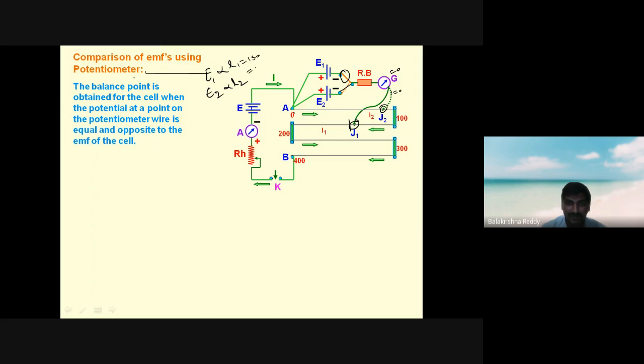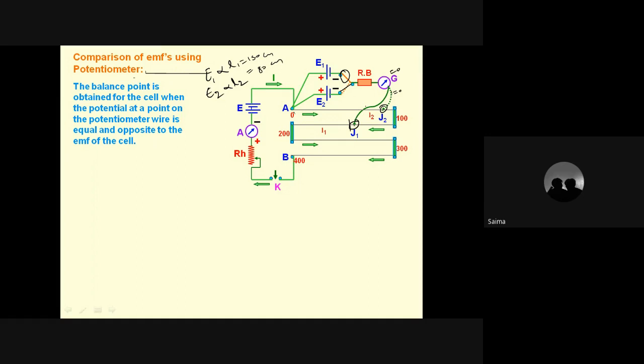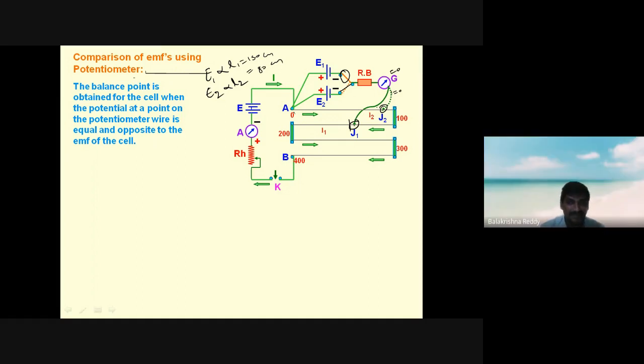Just a rough sample reading, 80 centimeters. At whatever length the potential drop becomes zero, or the current through the galvanometer equals zero, that we are taking as the balance length. In the previous meter bridge it was resistance per unit length, but here it is the potential drop.